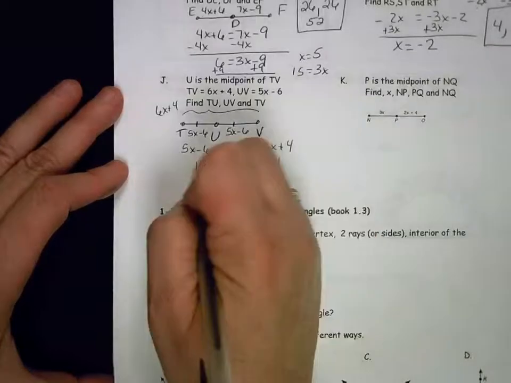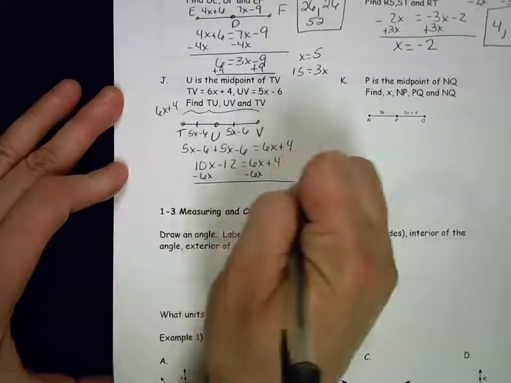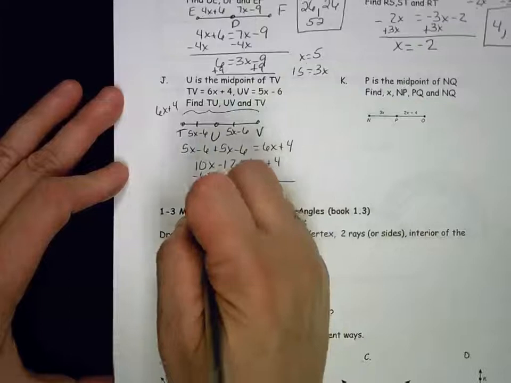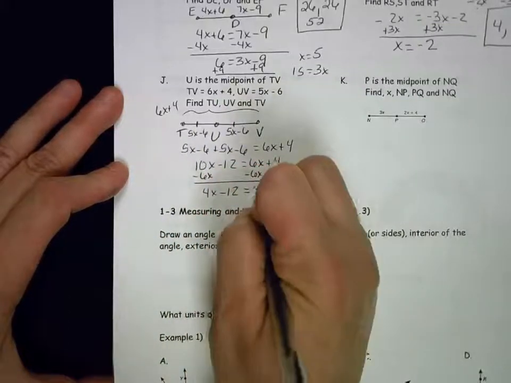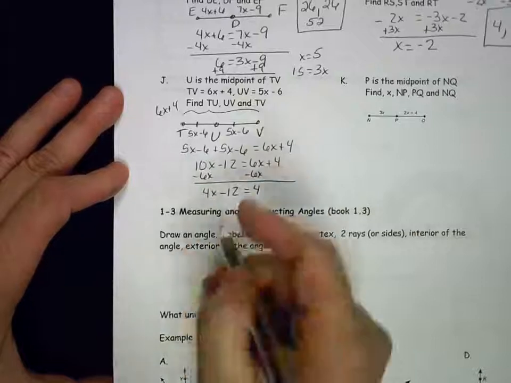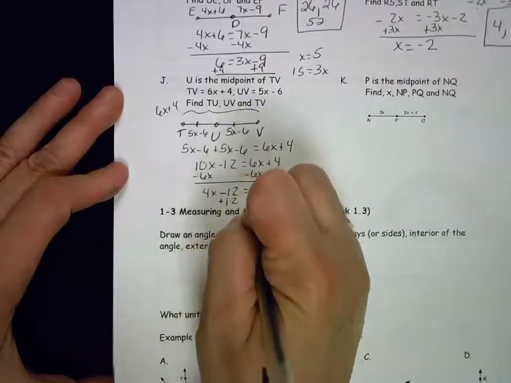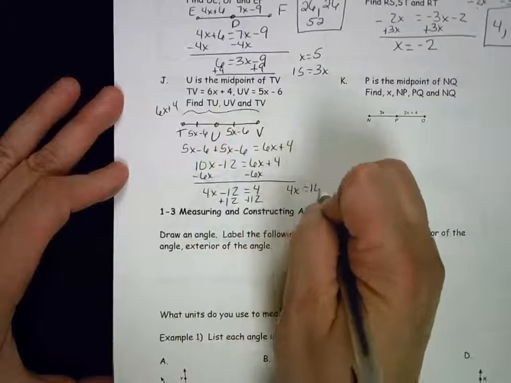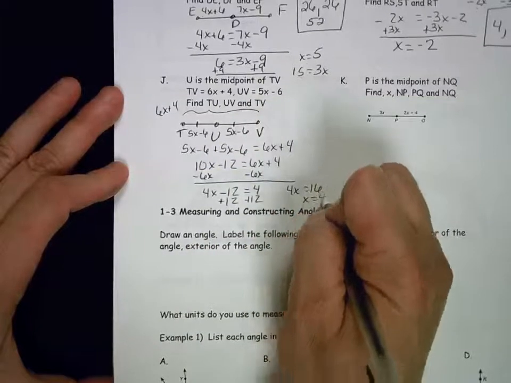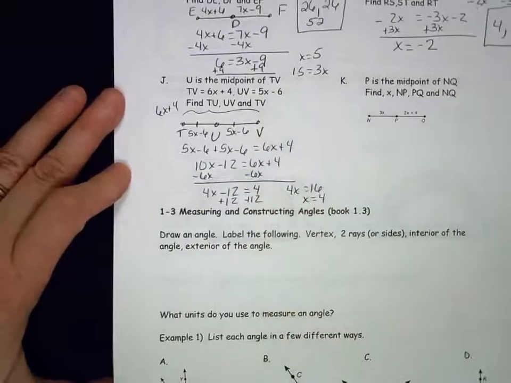From there, you subtract 6x from both sides, and you have 4x minus 12 equals 4. Adding 12 to both sides, you have 4x equals 16. X equals 4.